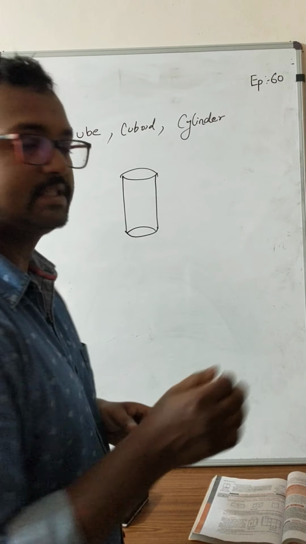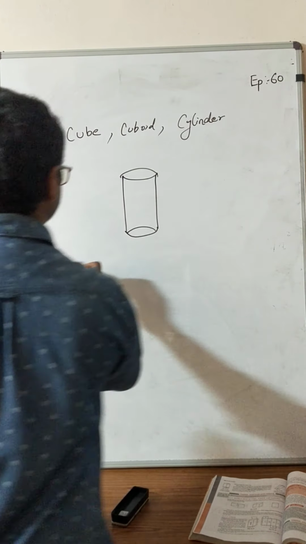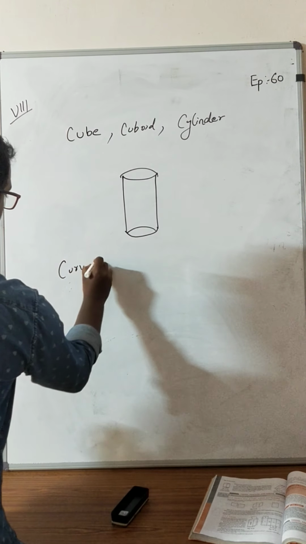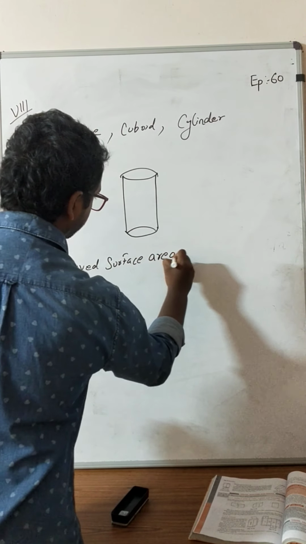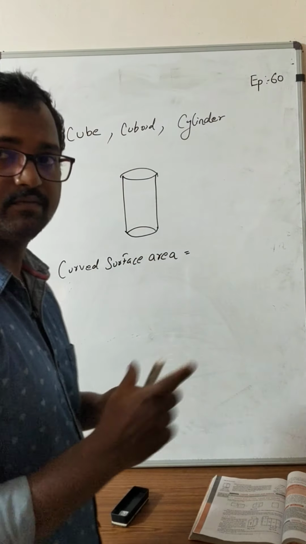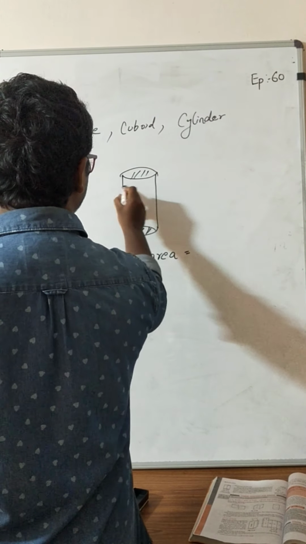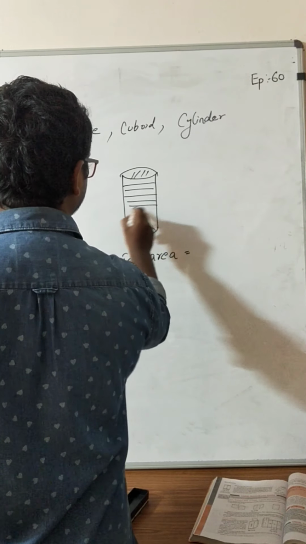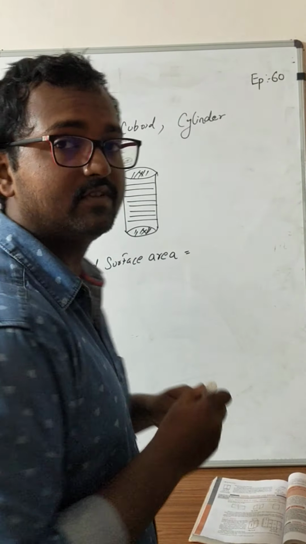The curved surface area is, in general, the lateral surface area. In the curved surface area, we will not consider this area and this area. We will only consider this area.